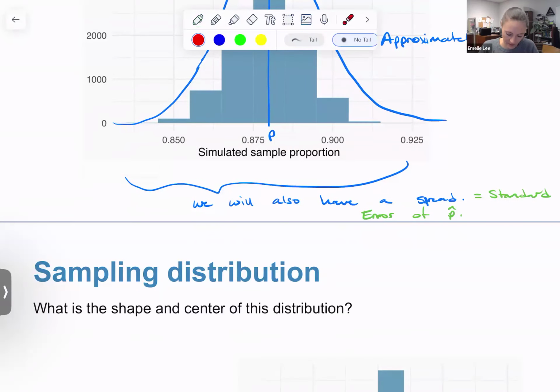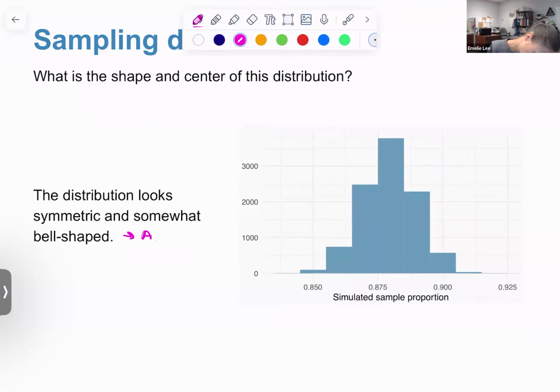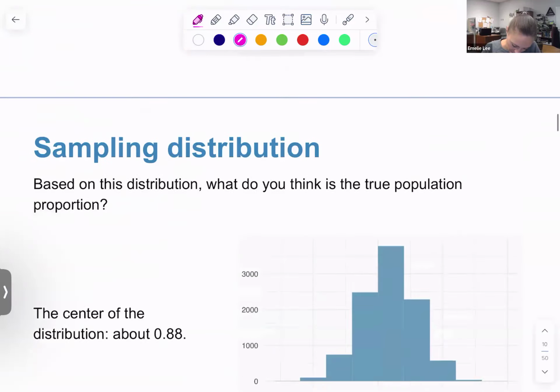But we'll start with the center. So here we have the same sampling distribution. And what is the shape and the center of this distribution, which is what we already talked about? What is the shape? Well, it's approximately normal, somewhat bell-shaped. I would say it's really a nice normal distribution, right? And so right here, I would say it's approximately normal. And what's the center?